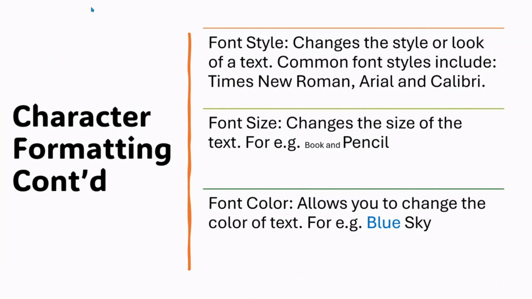And also we can use font color. What this does is it allows us to change the color of the text. So for example, blue sky right there, and blue is in the color blue. So font color allows you to change the color of the text.